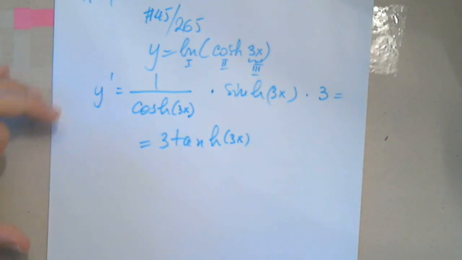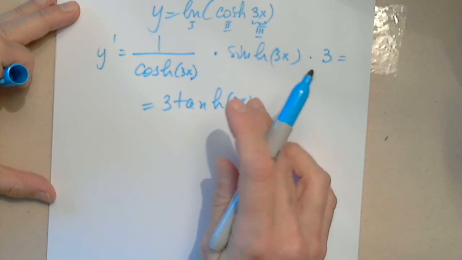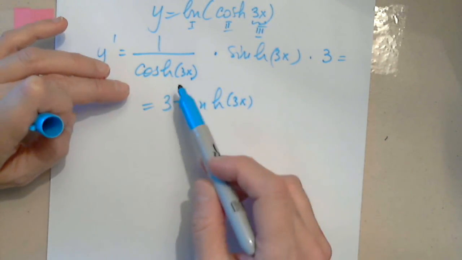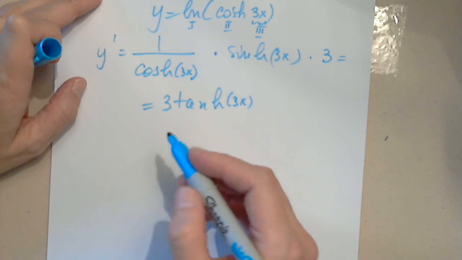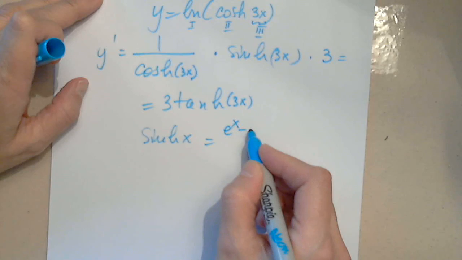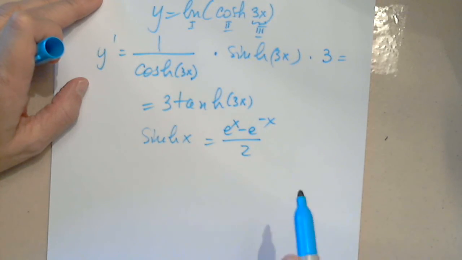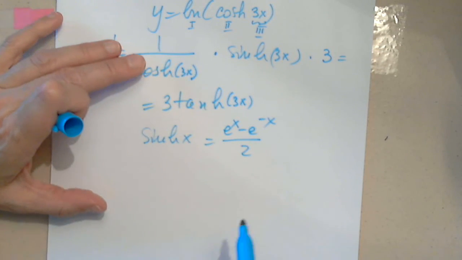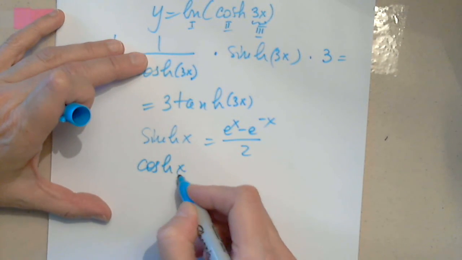Right, okay. So remember, these look like trig functions. They are not. Hyperbolic sine x is e to the x minus e to negative x over 2. So hyperbolic sine is a combination of exponential functions, and so is hyperbolic cosine.